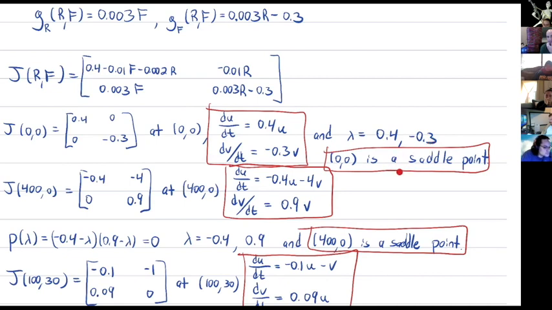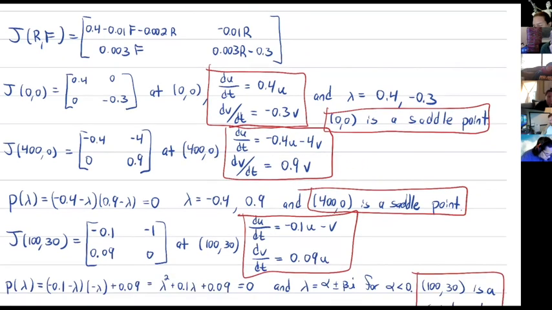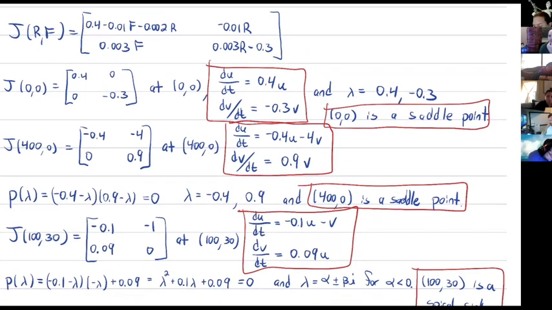So that means that the origin is a saddle point. Then we can do the same at 400, 0. We get a slightly different matrix that has slightly different eigenvalues, which might change the type of equilibrium that it is. But that one also is a saddle point.